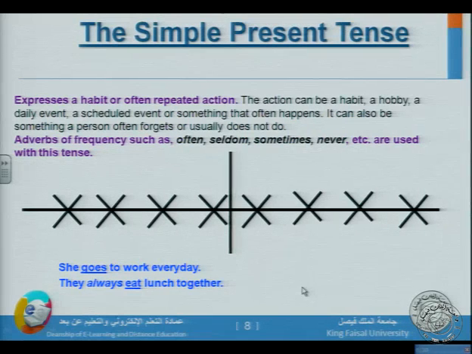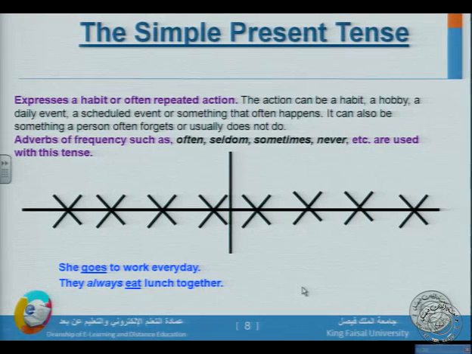The simple present tense expresses a habit or often repeated actions. Habit means عادة. Repeated action. The action can be a habit, a hobby, a daily event, scheduled event, or something that often happens. It can also be something a person often forgets or usually does not do.